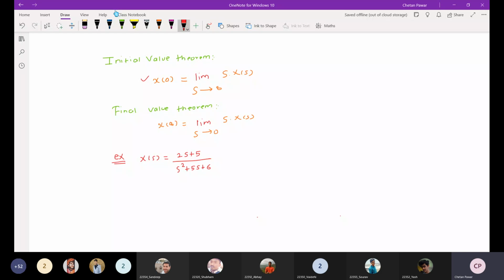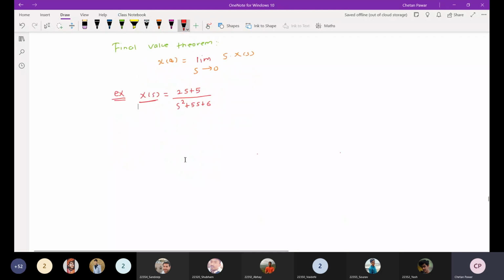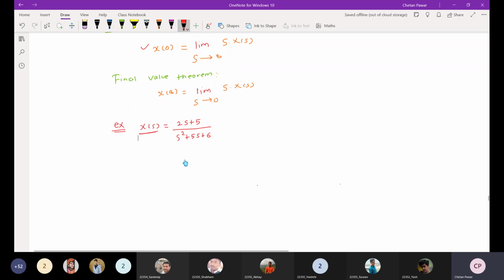So consider this example here. This is the Laplace transform of x of t, that is X(s), and you need to find out the initial value and final value for this particular Laplace transform. So the initial value will be x of 0, limit s tends to infinity of s into X(s). If I solve this, s into (2s plus 5) over (s square plus 5s plus 6).